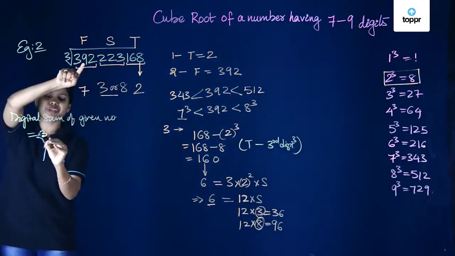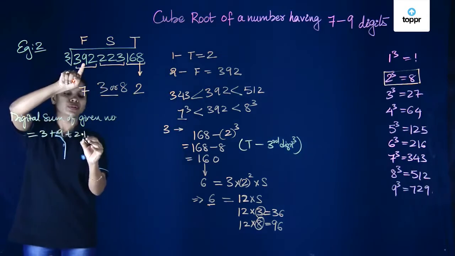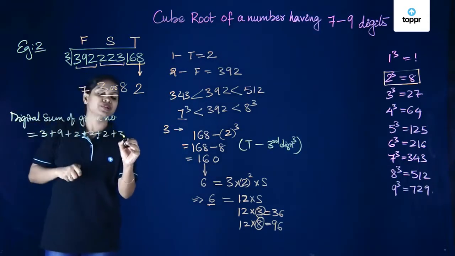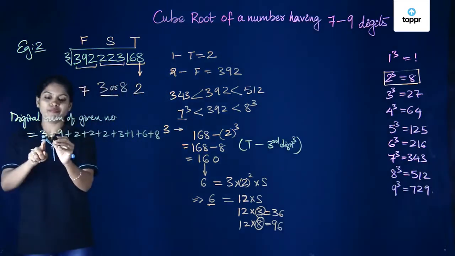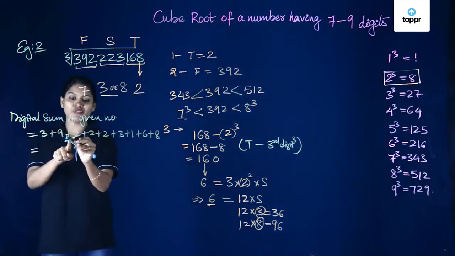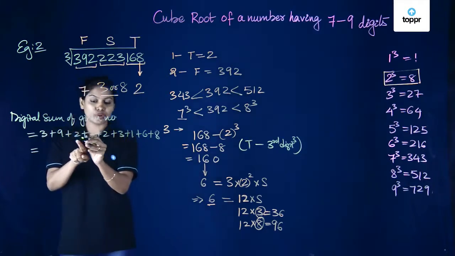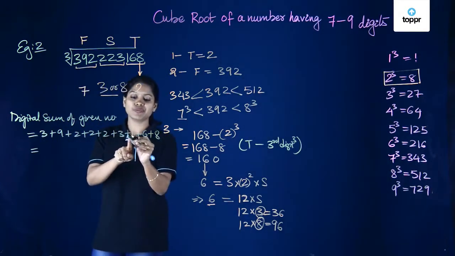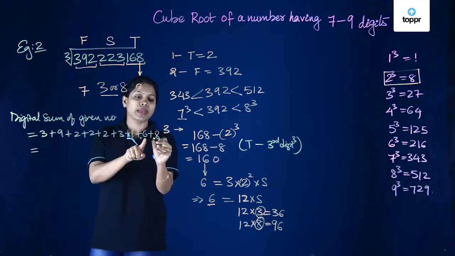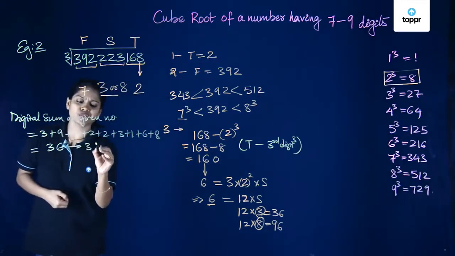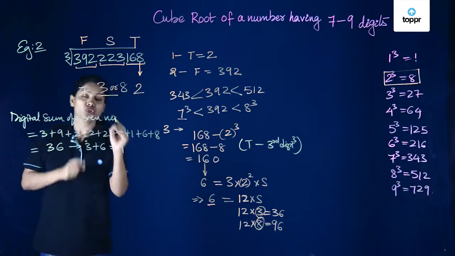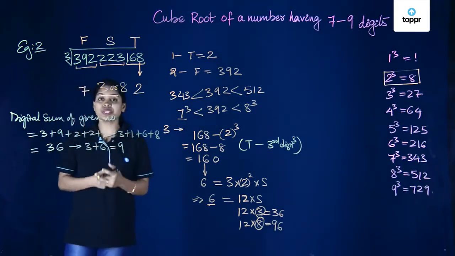So we have 3, 9, 2, 3, 1, 6, 8. Adding them, 3 plus 9 is 12, plus 2 is 14, 16, 18, 21, 22 and 36. This gives us 36, which again is 3 plus 6, equal to 9.